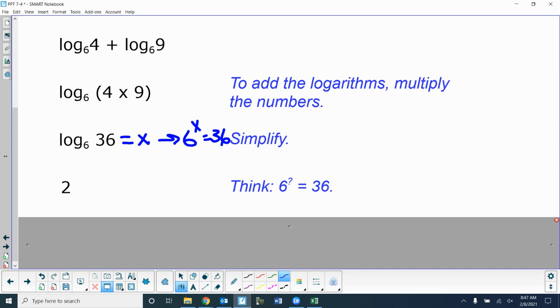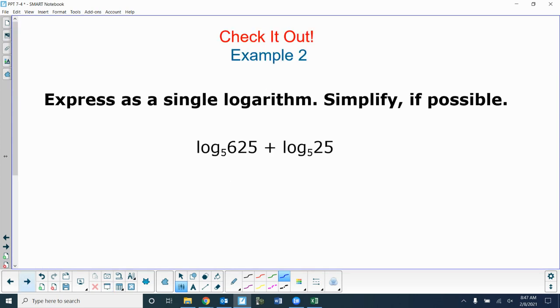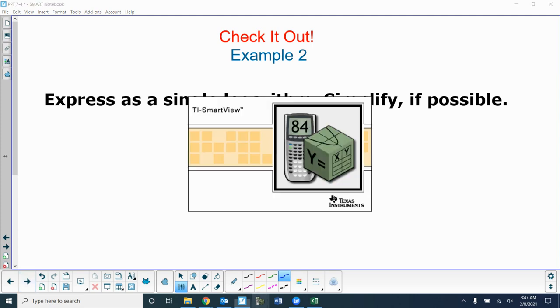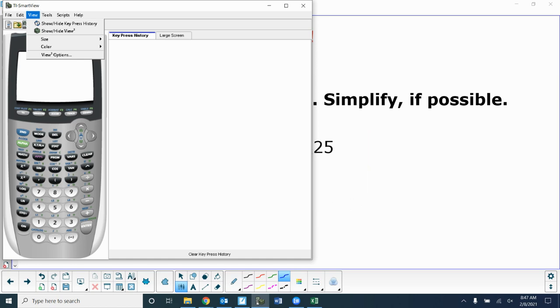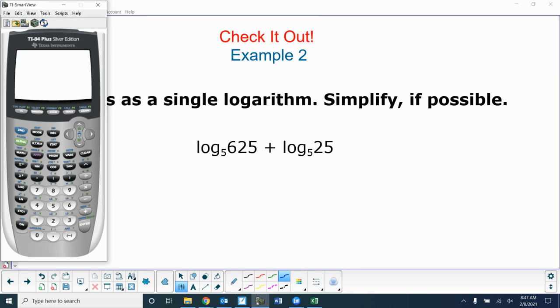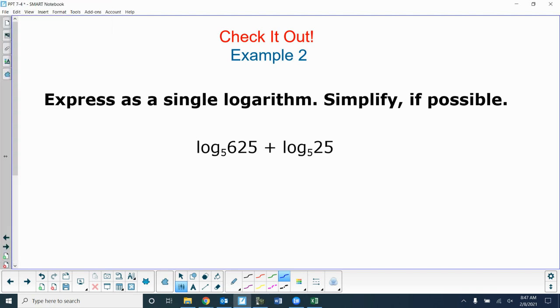All right. So we're going to turn it into a single log and then do what we've been doing. So, what am I supposed to do with the 625 and the 25? Multiply them. That's a big number, so use your calculator. All right, so 625 times 25 is 15,625.